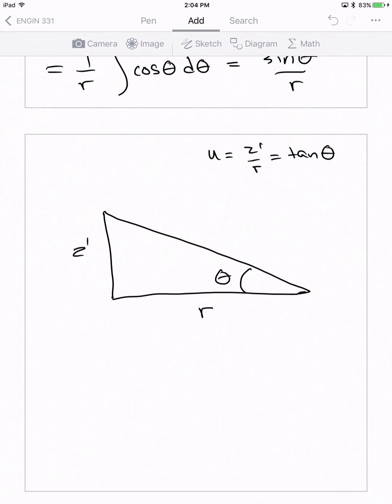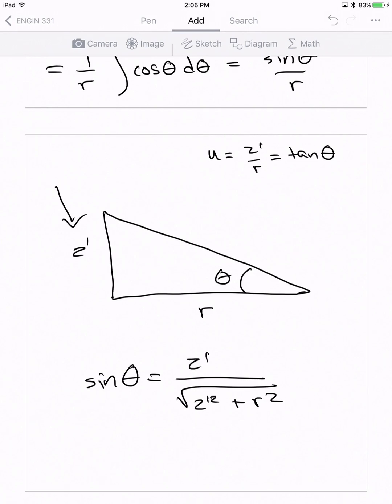So then sine theta is going to come from this z prime end of the triangle. So sine theta is z prime over square root of z prime squared plus r squared, because remember, this side of the triangle is big R.